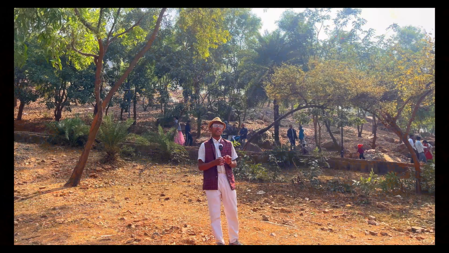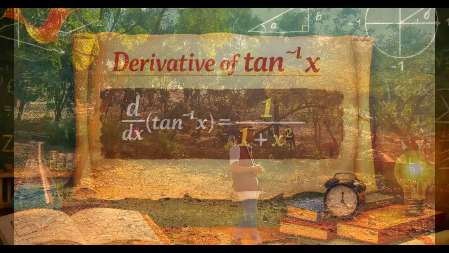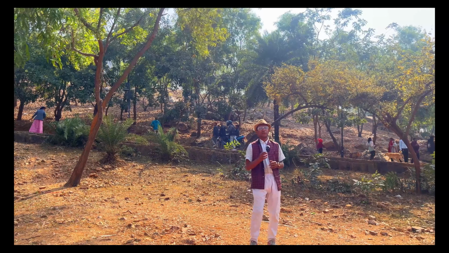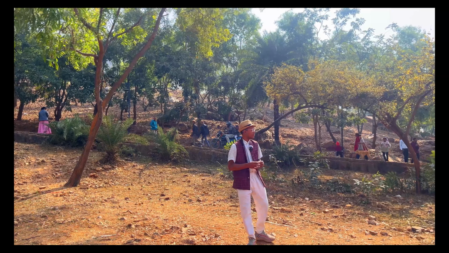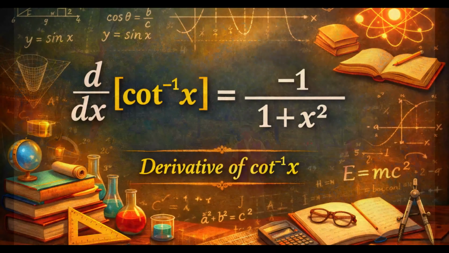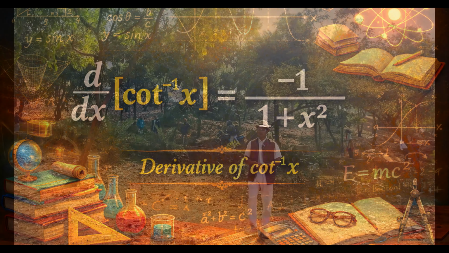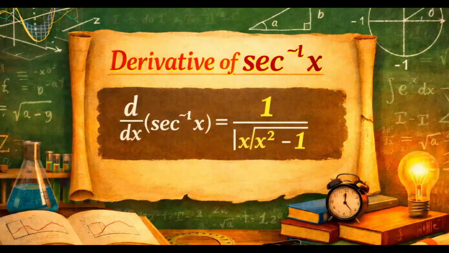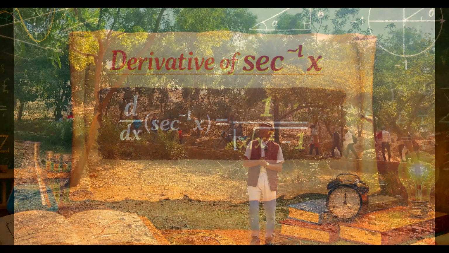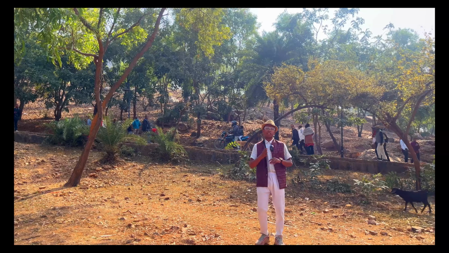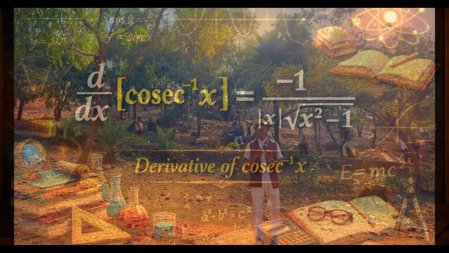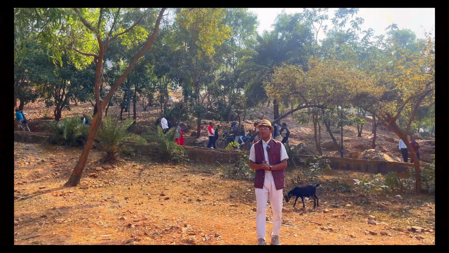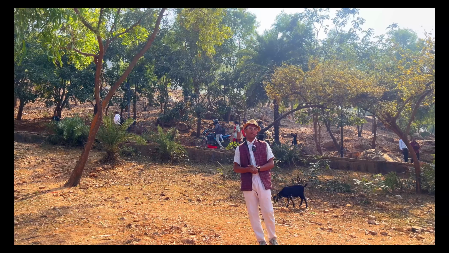The derivative of tan inverse x is 1 upon 1 plus x square, and the derivative of cot inverse x is minus 1 upon 1 plus x square. The derivative of sec inverse x is 1 upon x under root x square minus 1, and the derivative of cosec inverse x is minus 1 upon x under root x square minus 1. So we are done with the inverse trigonometric functions also.